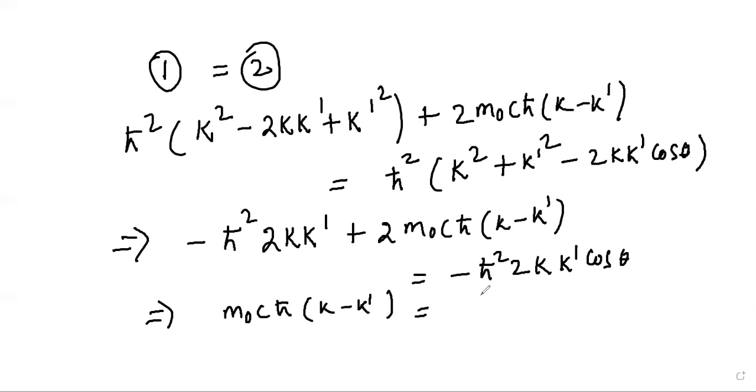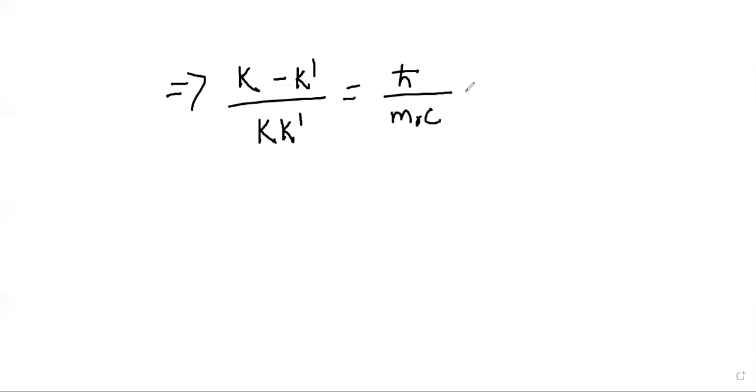Further rewriting, you can write m0 c ħ (k minus k prime) is equal to, taking to one side and taking common, ħ square kk prime. If I take that, I get here (1 minus cos theta). So further rewriting, we can write (k minus k prime) divided by kk prime is equal to ħ divided by m0 c times (1 minus cos theta).